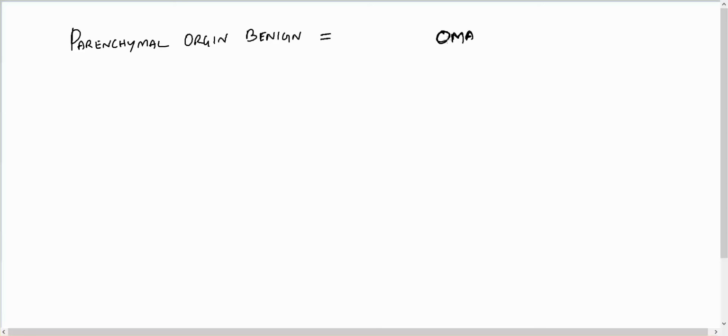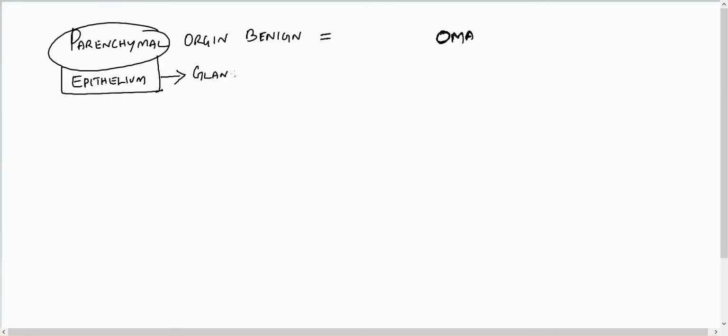If it is from the epithelium, that is parenchyma, and it forms glandular structures, it is called adenoma.